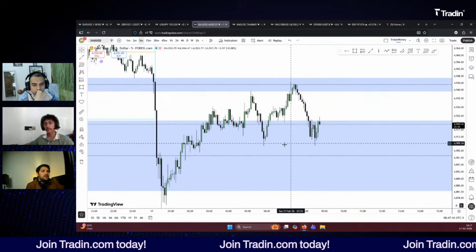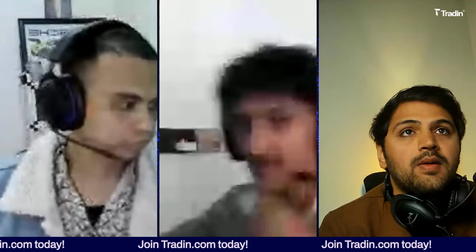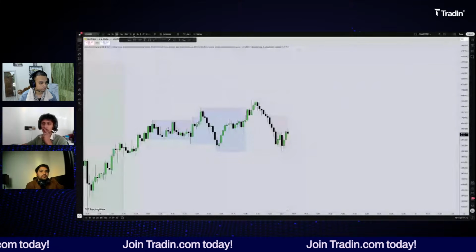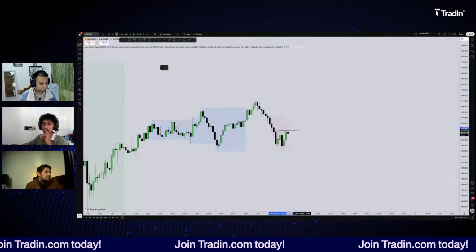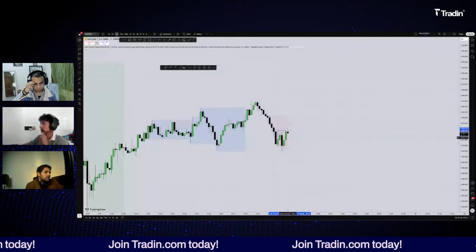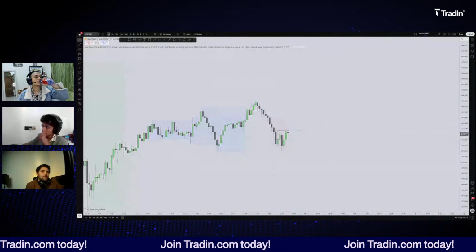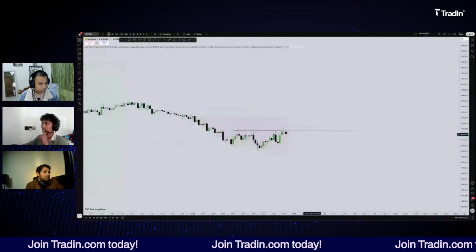Let me share the screen. So this area right here, I guess it's 4923 or 4922. But if you look at the 1 minute time frame, that is an area of rejection.